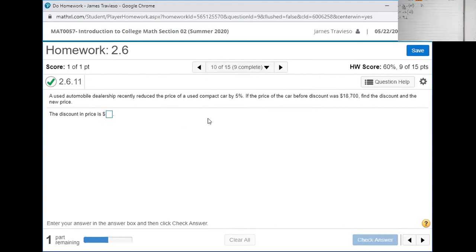If I want to find my discount, and I know it's reduced by 5%, what I need to do is find what is 5% of that 18,700. That is my first thing I have to do.